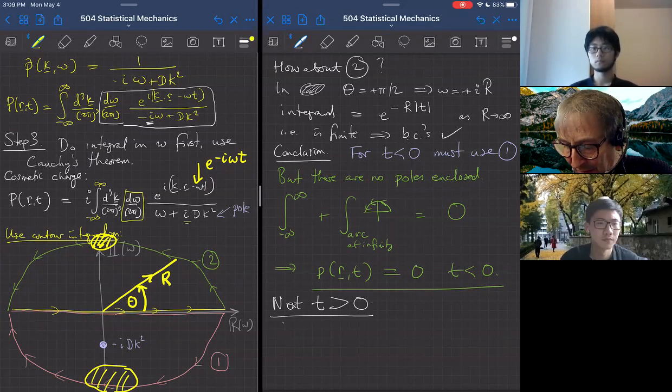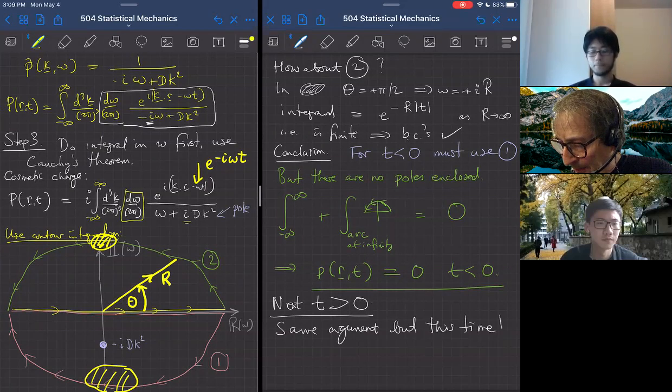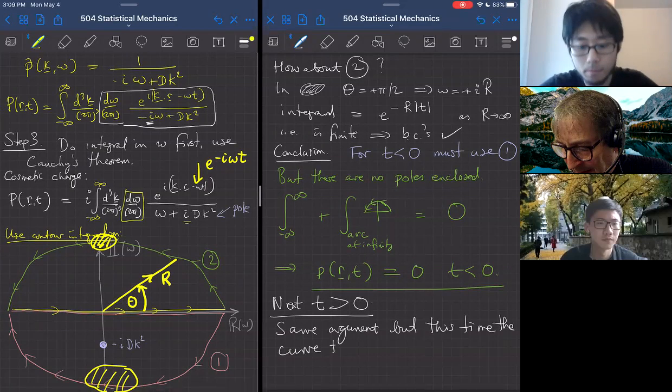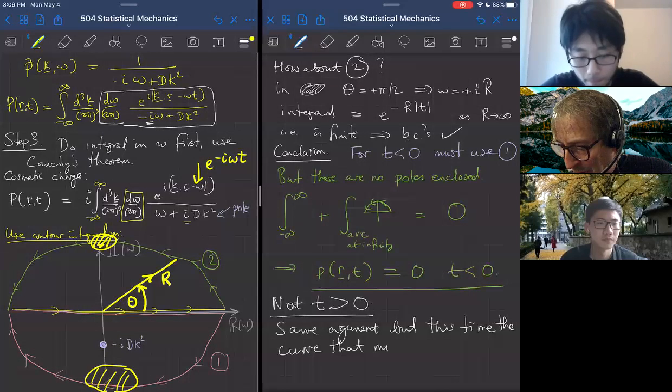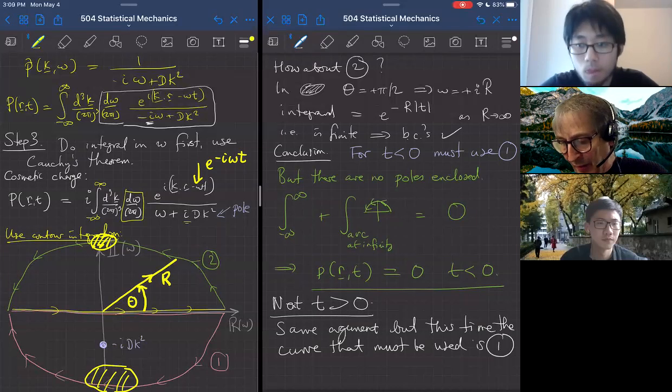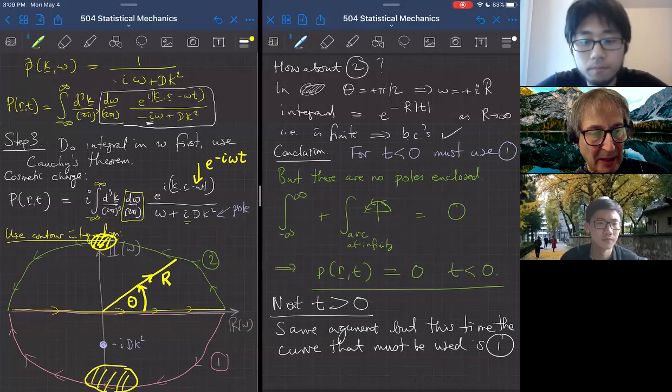It's the same argument, but this time the curve that must be used is curve number 1, because curve number 1 now will be finite at the bottom part.